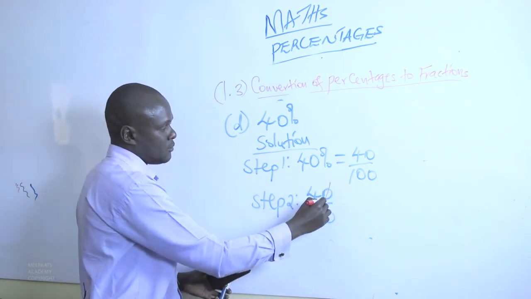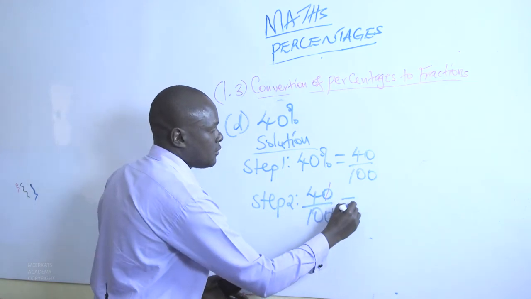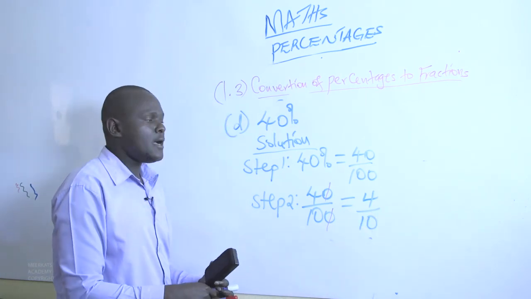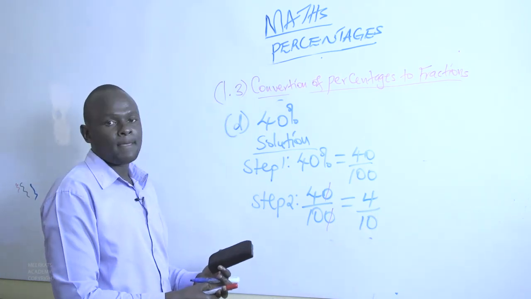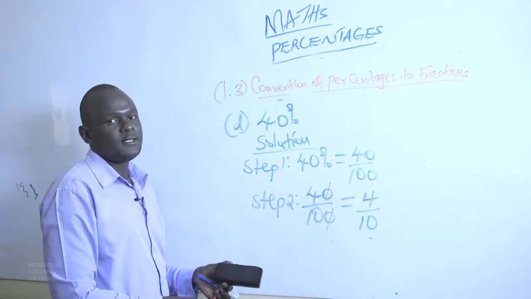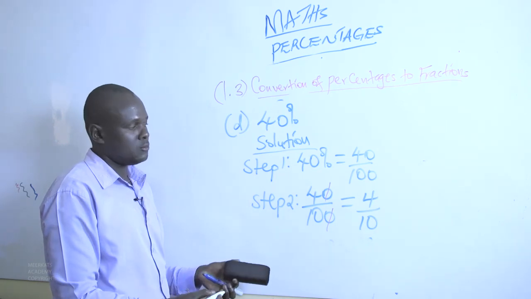Remember, 0 and 0 can cancel, so that we end up with 4 out of 10. And the highest common factor between 4 and 10 is actually the number 2.